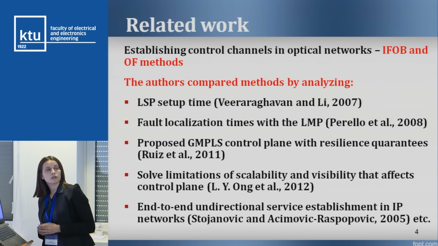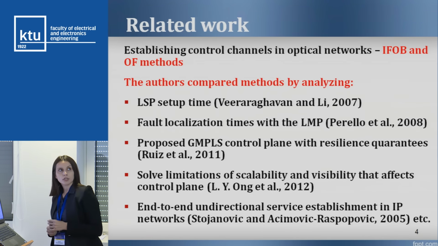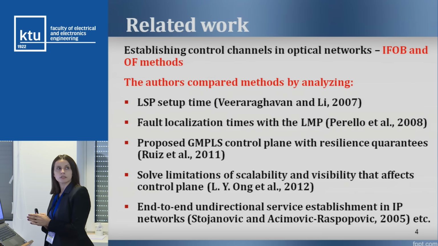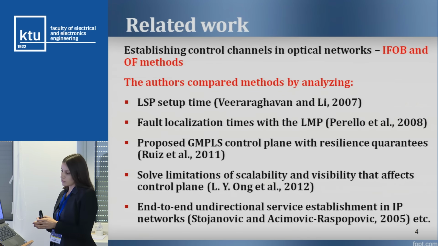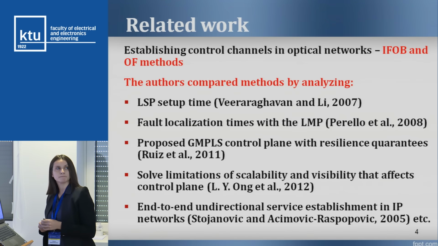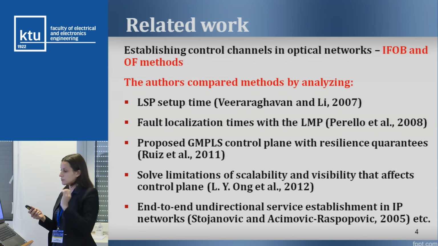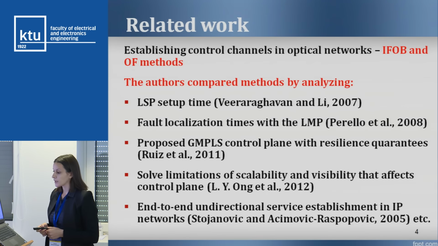And the characteristic of this second method, out of fiber, is that we have a completely different physical path for the signaling or control channel, and a completely different physical path for the data channel. So we have more pros in terms of network reliability.